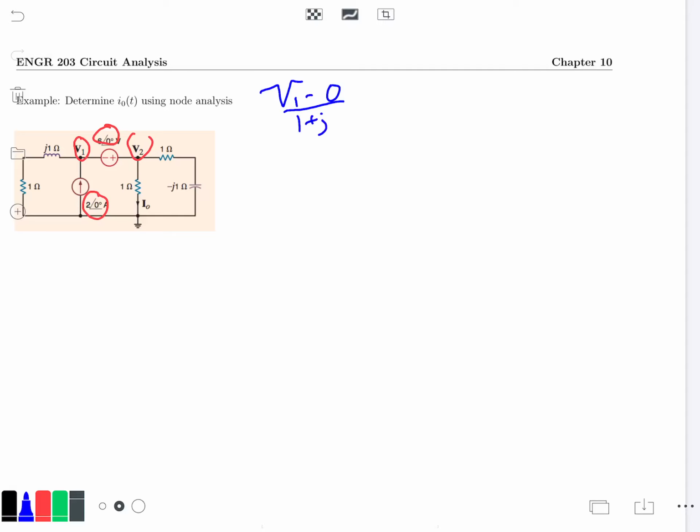And then I have a current source going into it, so it'd be minus 2 angle 0. And then, oh wait, this is actually a supernode. So then I go, okay, so then the current going down over here would be V2 minus 0 over 1. And lastly, V2 minus 0 over 1 minus j equal to 0. So that's our first equation.